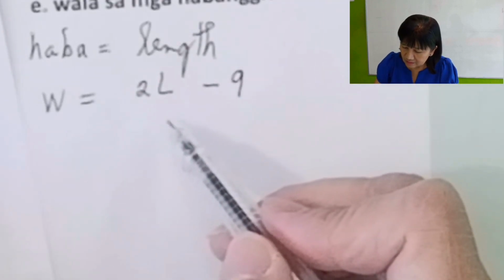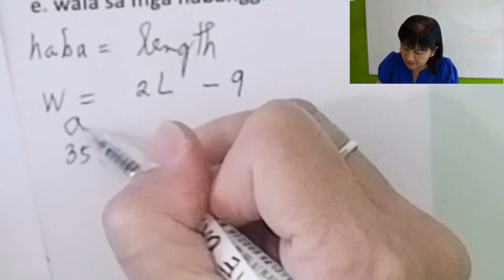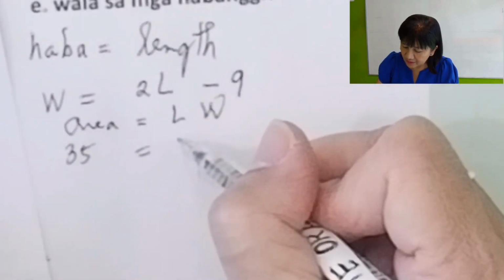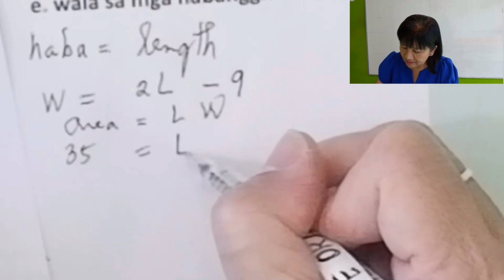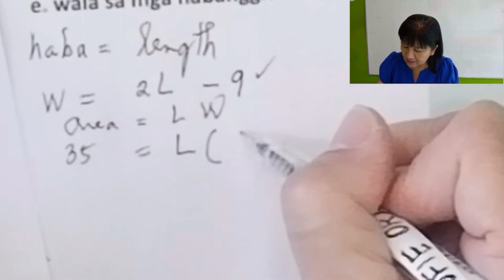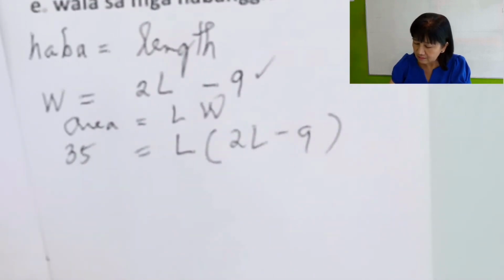Okay, so we can have here the area 35 is length times the width. Area 35 is length, let it be L, times the width, which is 2L minus 9. Oh, it's quadratic.